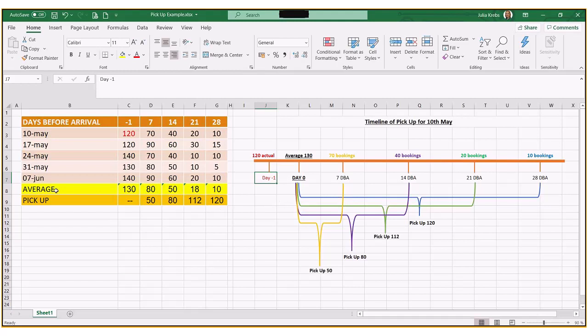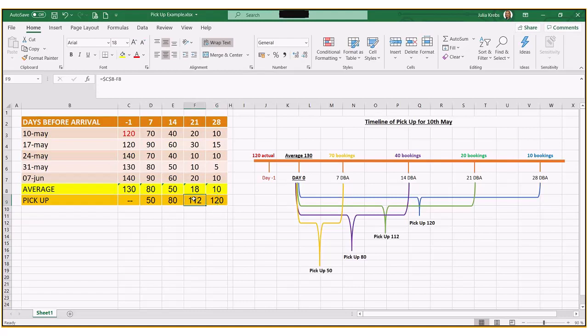In the pickup line here, I've done the calculation like I explained to you already. I'm just taking the average occupancy that we're aiming to achieve, minus what we already have on the books. For 28 days before arrival, that means 120 rooms are supposedly still to be picked up in the next 28 days.